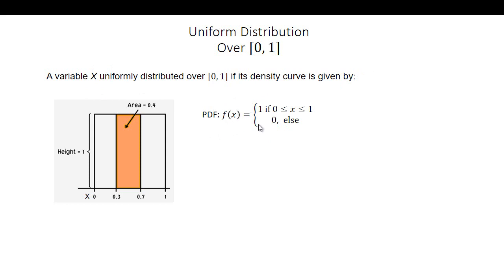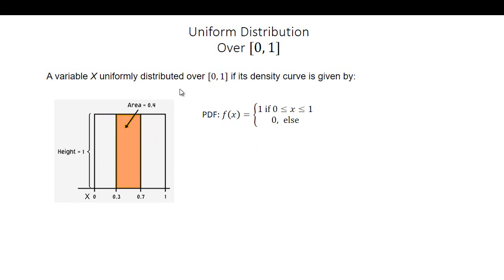The f of x is 1 if x is between 0 and 1, and the value of f of x is 0 otherwise. So you can see that when x is between 0 and 1, the value of the function is 1. So this horizontal line here is the density curve, and the area under this density curve is exactly 1.